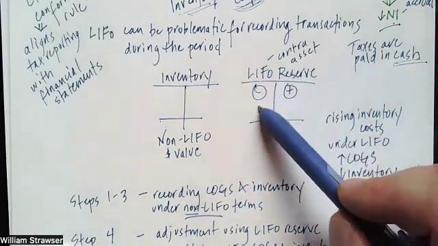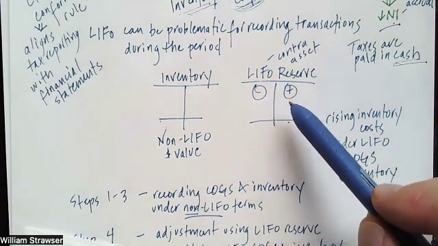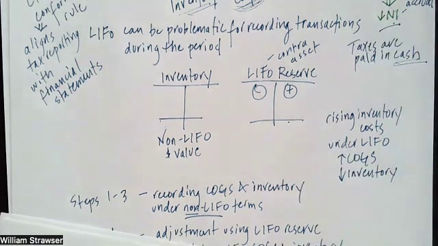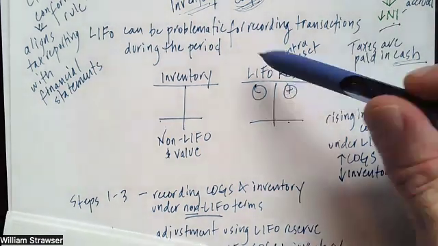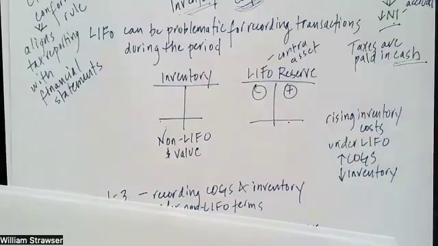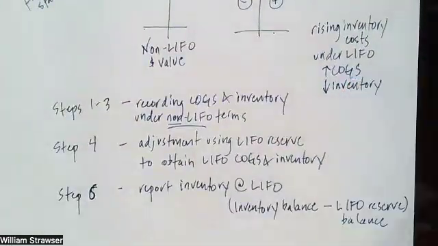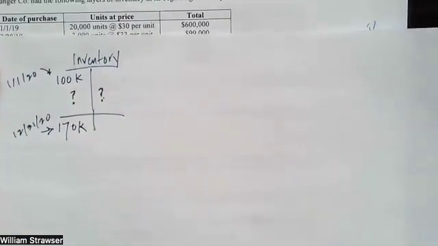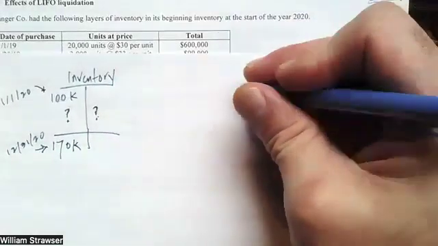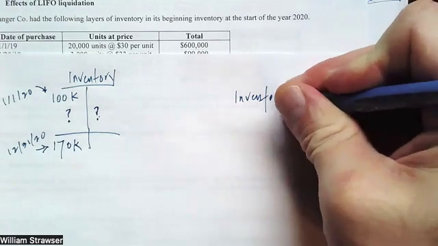We use the LIFO reserve as a way of holding data in a separate compartment to modify this when we need to. And we don't need to modify it until we're reporting on our balance sheet. So the ultimate result is that our LIFO values are only on a balance sheet.